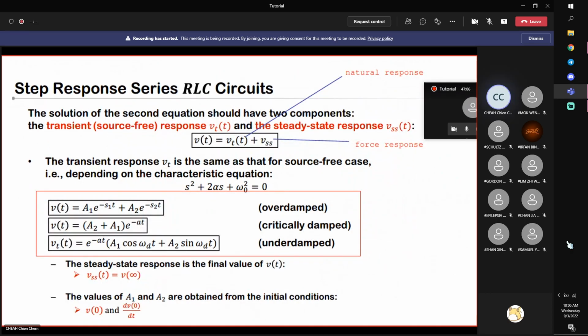Now, if you go back to look at your step response of RLC circuits, you'll see that your solution consists of two parts: the steady state value and the transient, or the natural response. Now, these are the three natural responses, depending on overdamped, critically damped, or underdamped. But if you look at them carefully, they all go to 0 when t goes to infinity.